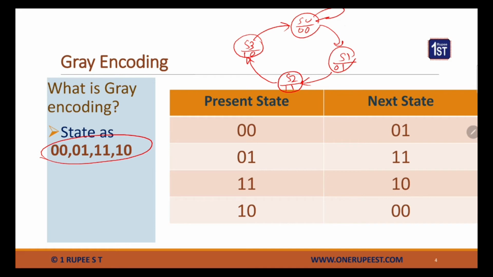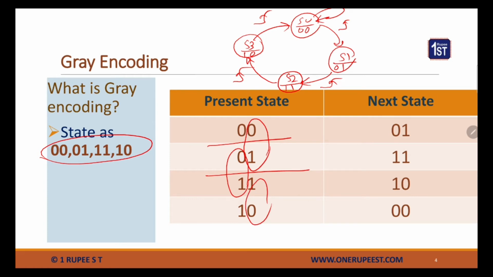This is the reset condition. This will transit on the rising edge of the clock as far as the 2-bit gray counter is concerned. So if you observe two adjacent states, only one bit changes.